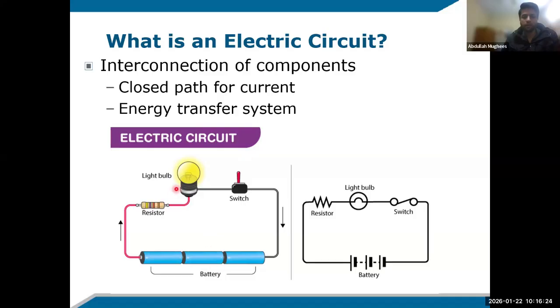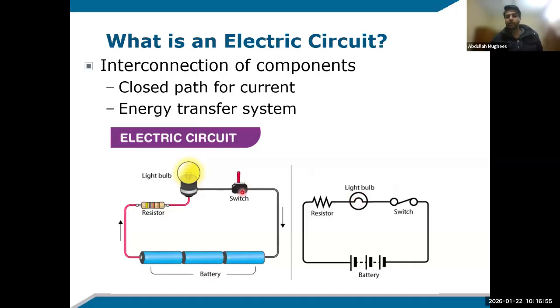So this is how it would look in real life. And in the circuit diagram, while designing the process, we use some symbols. So this resistor, which looks like this in real life, is represented using this symbol. There is some zigzag with pointy ends, so that represents a resistor. And the light bulb, which looks like this in real life, is represented using this kind of symbol.